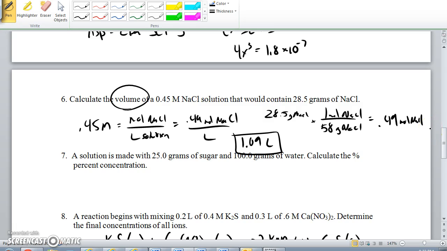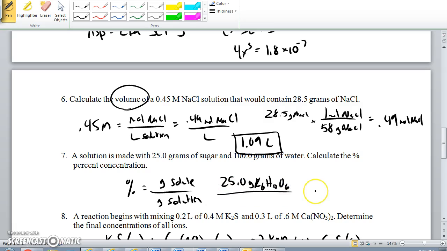It says a solution is made by 25 grams of sugar and 100 grams of water. Calculate the percent mass concentration. Okay, the percent mass concentration means the percent equals grams of solute over grams of solution. The grams of solute we know is 25.0 grams of sugar, which is C6H12O6 for your glucose, and the grams of solution.